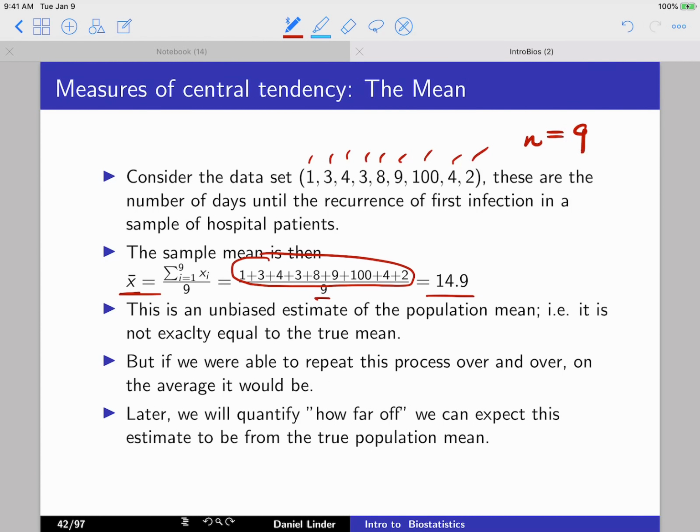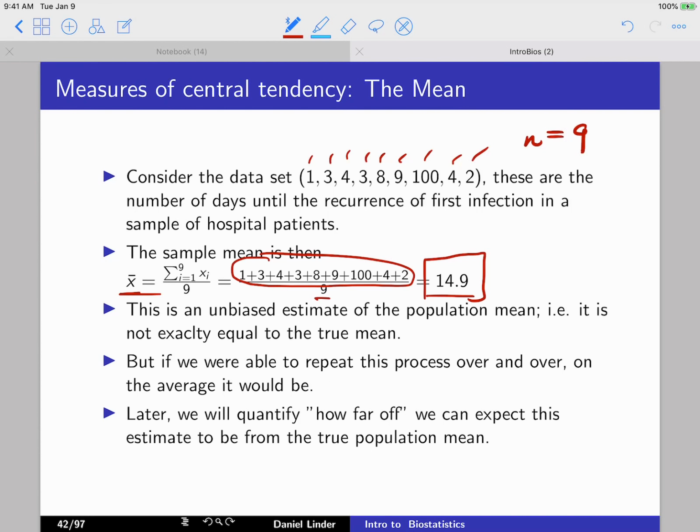So this sample mean is an unbiased estimate of the population mean. Of course, this number is not exactly equal to the population mean. This 14.9 wouldn't be the true mu, but it's an unbiased estimate of mu.